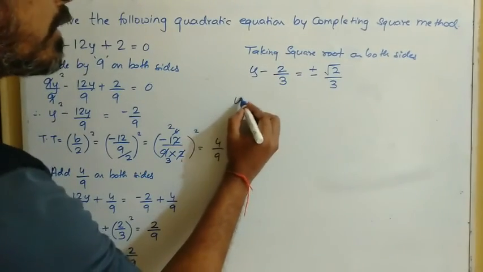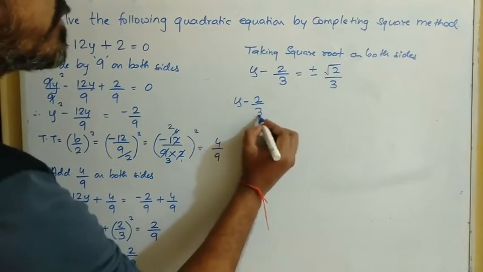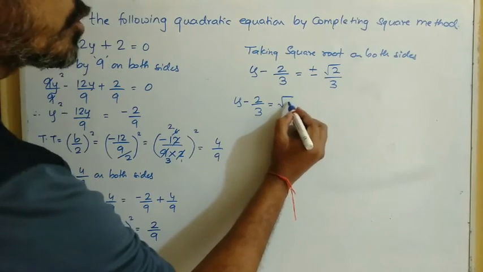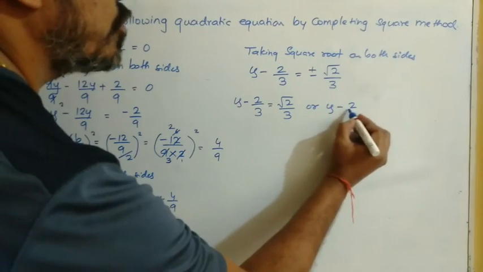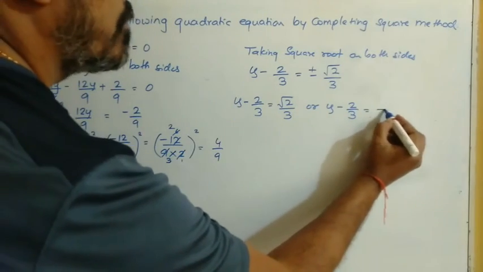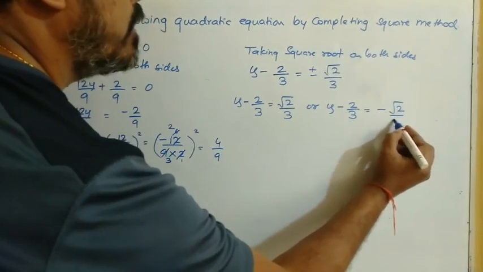So I can write either y minus 2 upon 3 equals root 2 upon 3, or y minus 2 upon 3 equals minus root 2 upon 3.